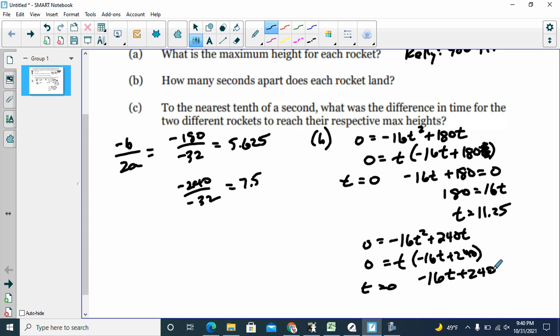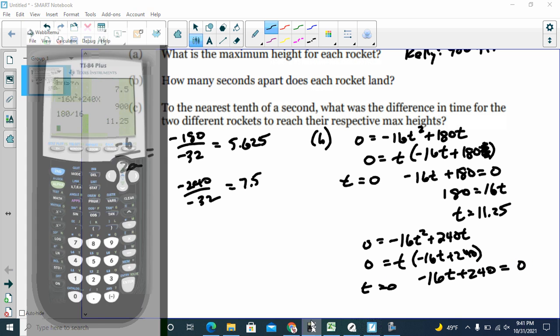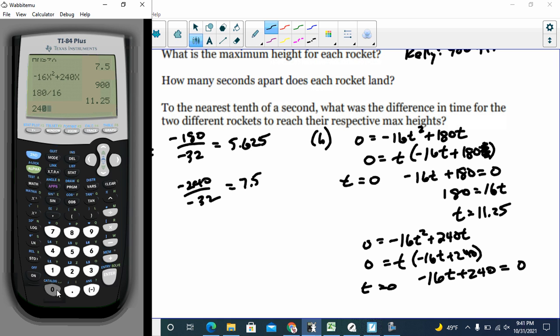Or when negative 16t plus 240 is 0, which occurs at 15 seconds. The question wants to know how many seconds apart the two land, so you can subtract the two, and we get 3.75 seconds.